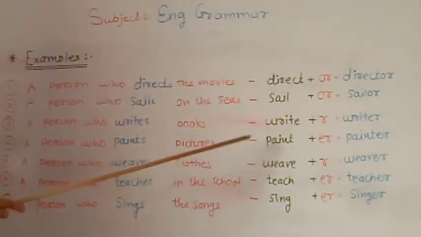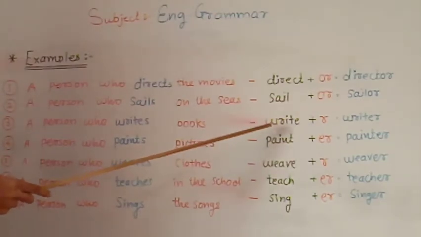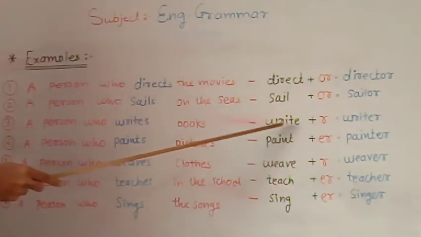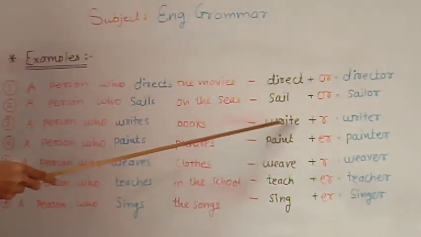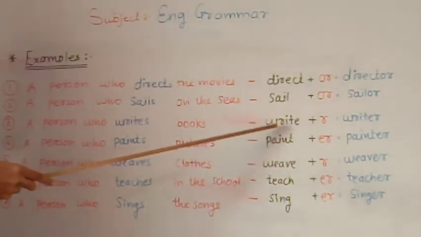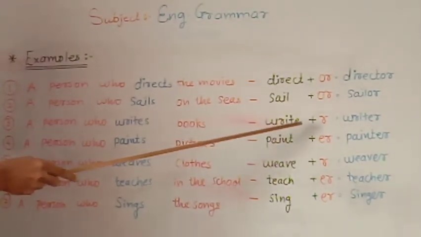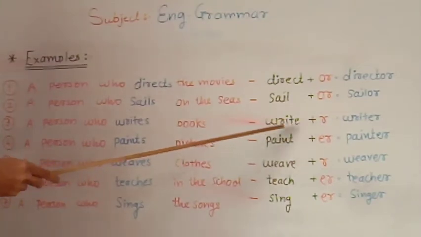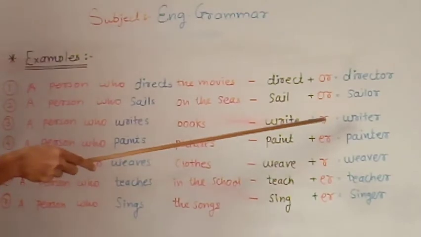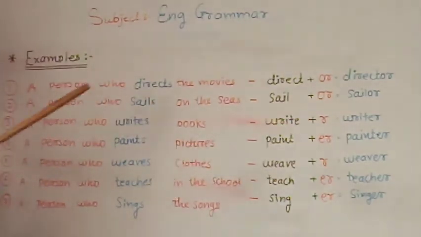In this sentence, write is a verb, means an action word. When we added r to the verb write, it becomes writer, one of the noun.